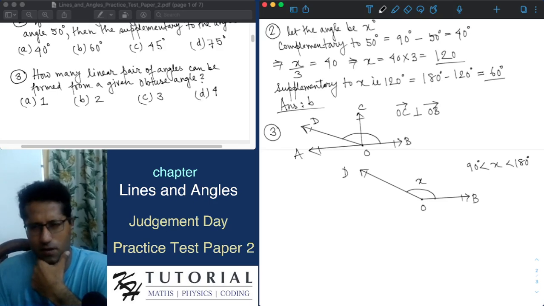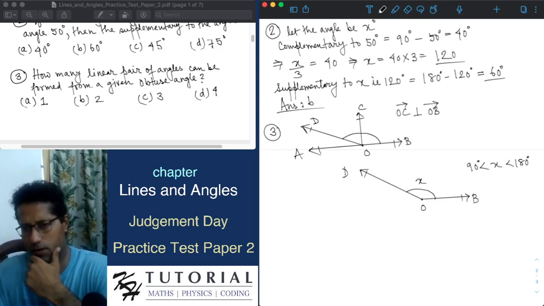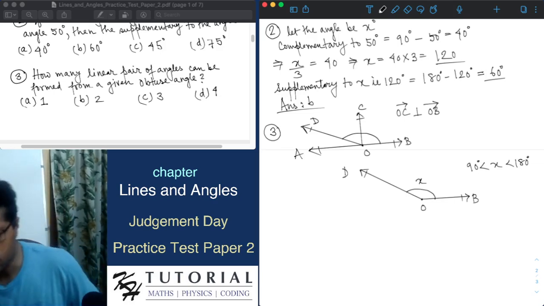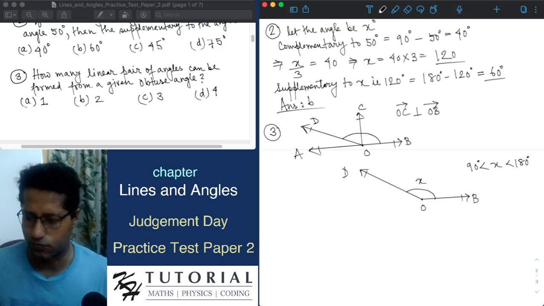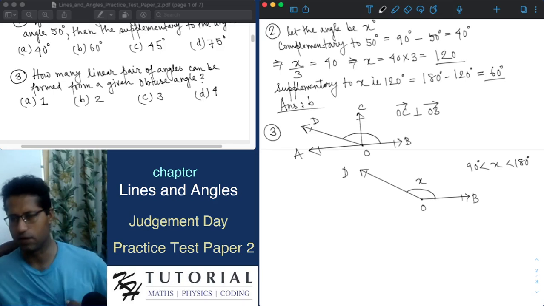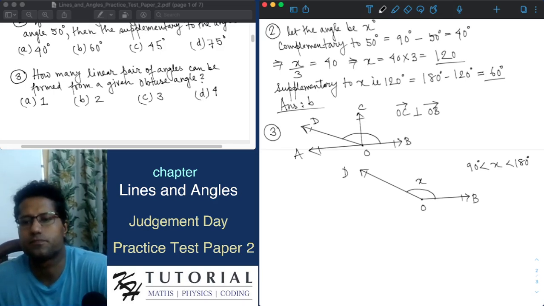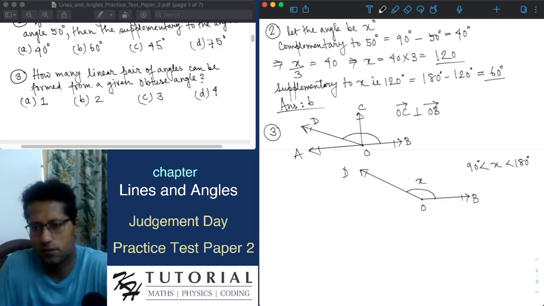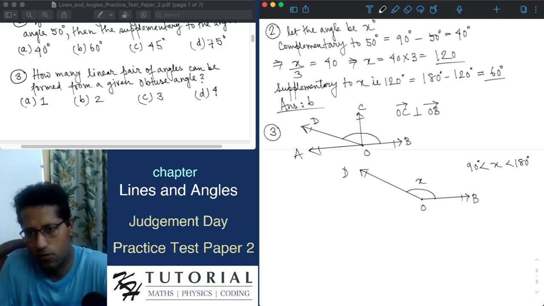Now it is asking how many linear pairs of angles can be formed from a given obtuse angle. So how many angles can we create that will make a linear pair with the angle BOD? A linear pair means they are on the same side of the straight line. Now, if x is the angle, then of course I can extend OD.